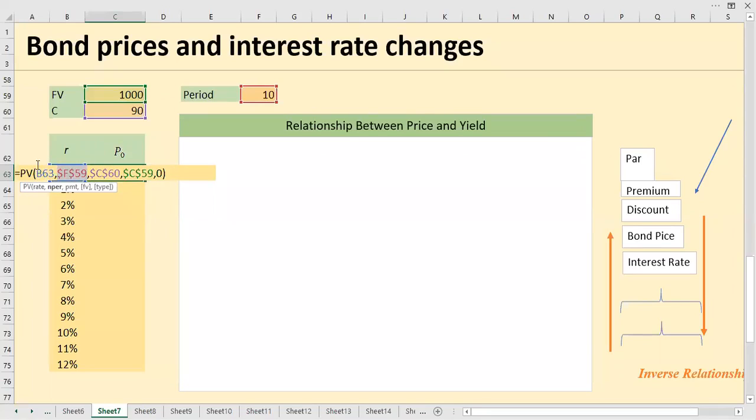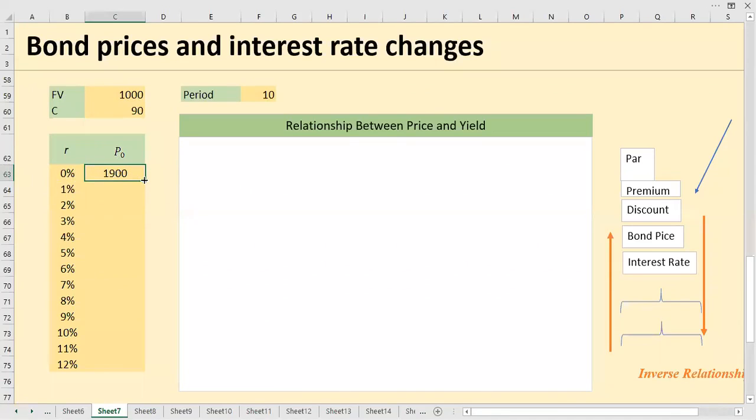I am letting that change when I copy the formula down. I am also going to introduce a negative sign here, because these values are coming out as negative, so I am going to convert them into positive values. So enter. Right, so I got 1900 as the bond price when the required rate of return is equal to 0.